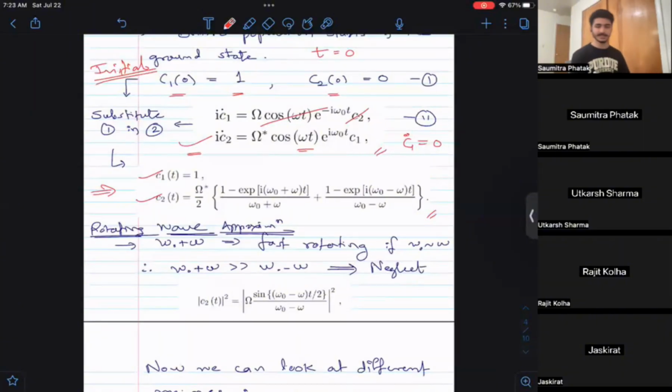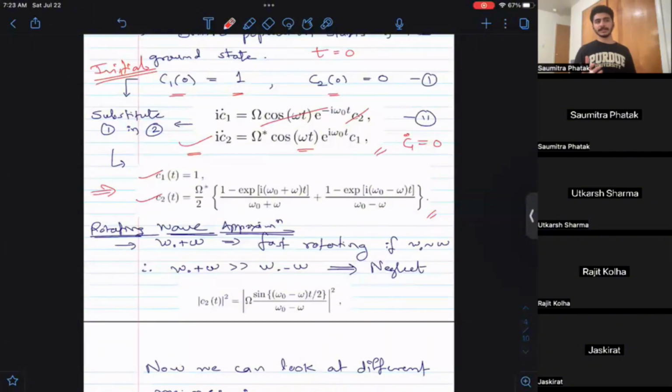And now, if you want to simplify the second expression, then we can simplify it by the rotating wave approximation, where you're basically saying that you're staying close. You have applied a laser on your system, which is a two-level system. That laser's frequency, you can choose it to be exactly the same, right?